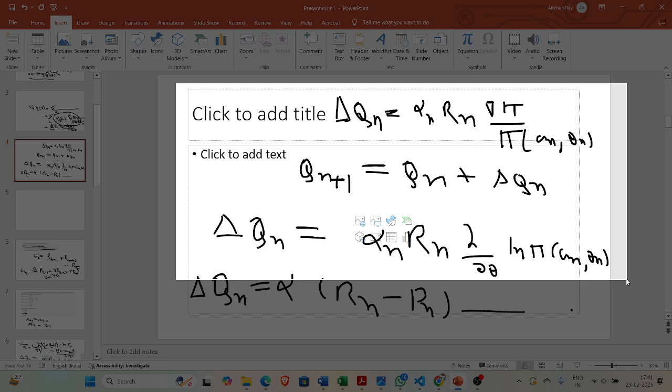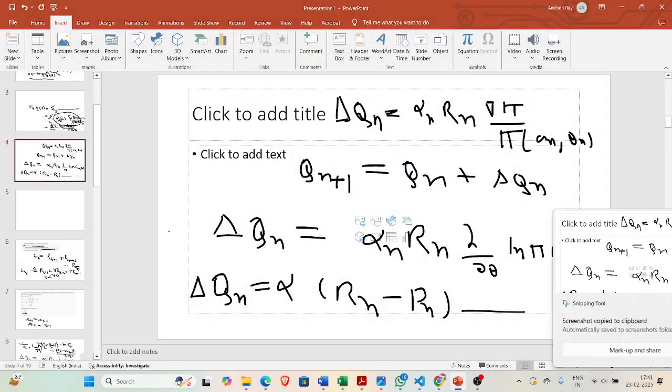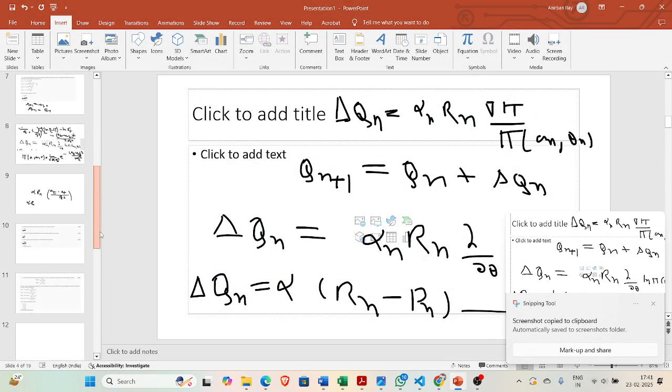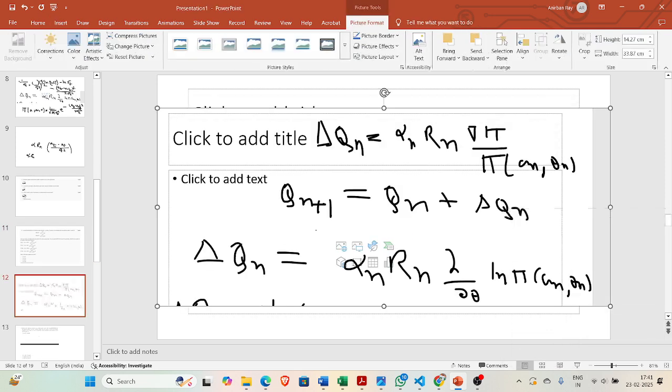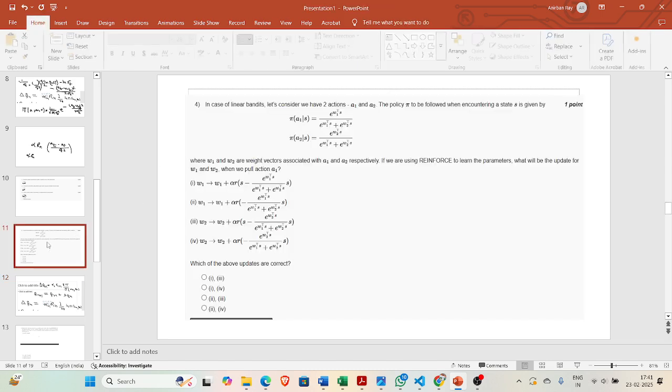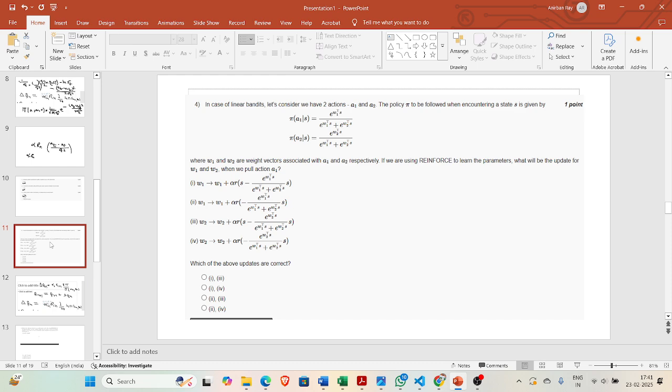These are the three equations. One more thing that we need to use here is that you can see a binary situation with two states actually.